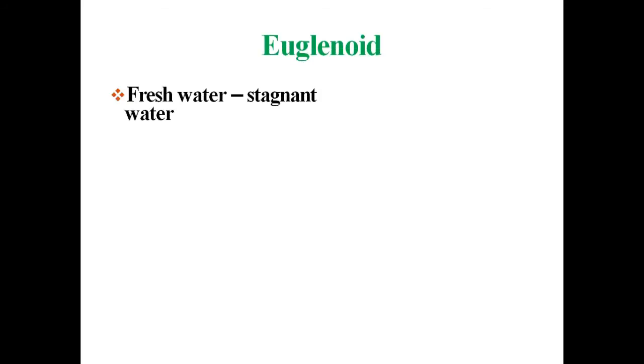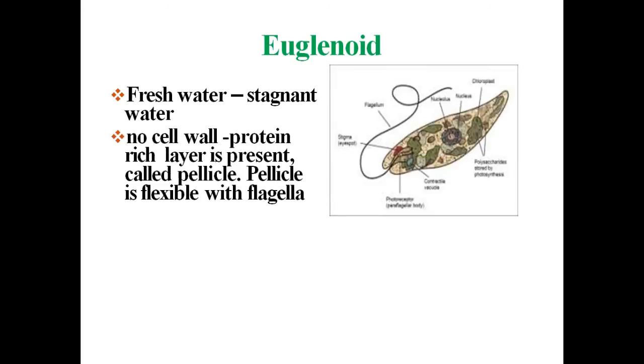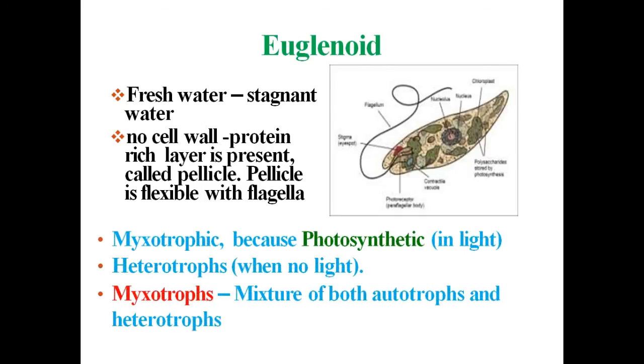Okay, the next one is euglenoids. This is a freshwater or stagnant water habitat. It does not have a cell wall. Instead of a cell wall, the outer layer is made up of a protein-rich layer, and that is called pellicle. This pellicle is flexible. They have flagella. These euglenoids are mixotrophs.